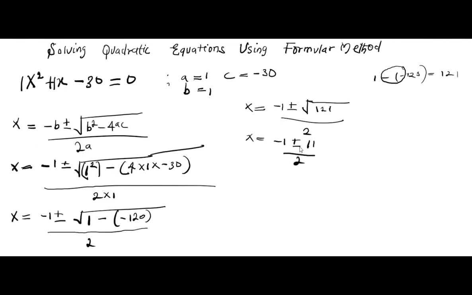So when you have something like this, your x will have two values. So this is how you go about it. Your x equals to negative 1. You take the first positive sign, you take this one, negative 1 plus, you have 11 all over 2, and your x equals to, you have negative 1 minus 11 all over 2.